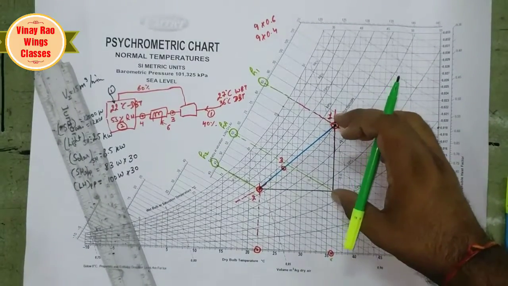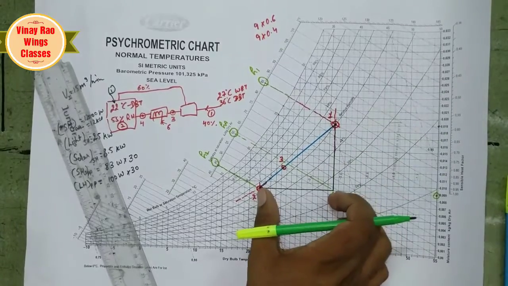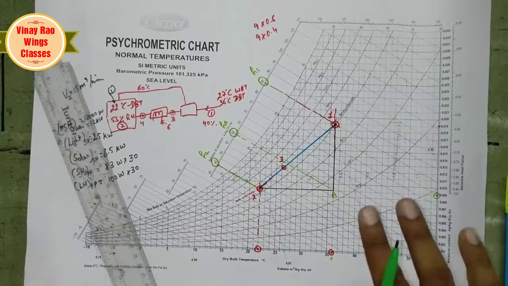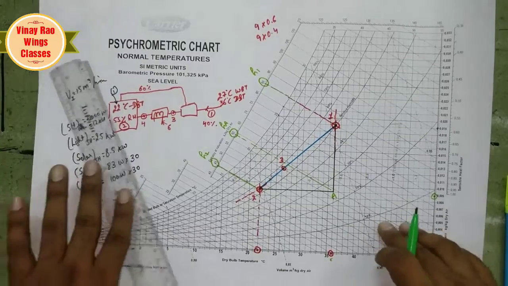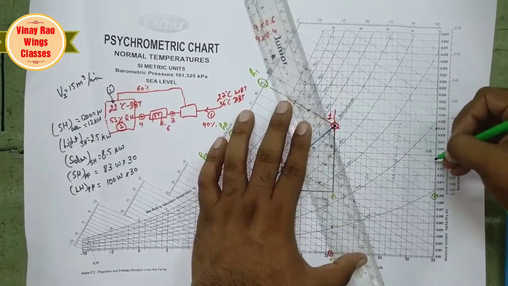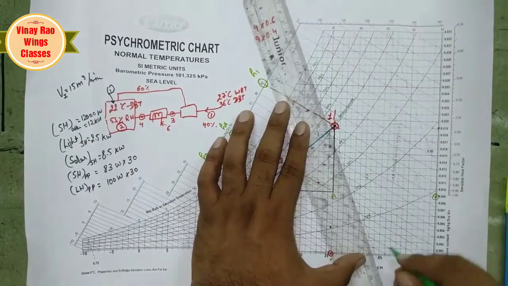Outside air has some latent heat and some sensible heat, so we have to calculate the space sensible heat and latent heat at both the points. So these are the specific volume lines, 0.95, 0.90.